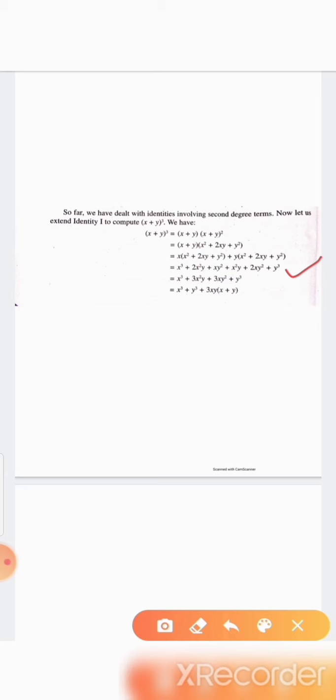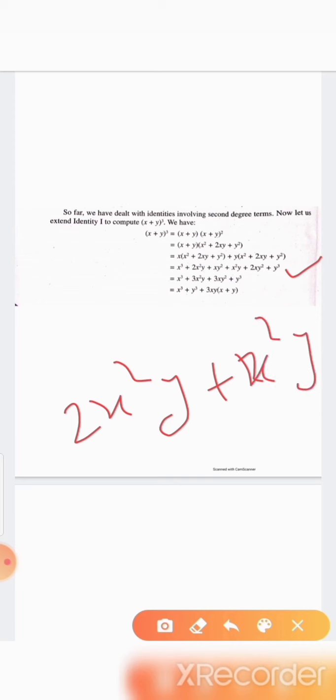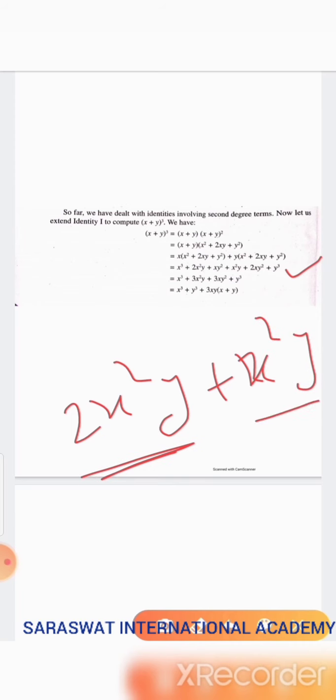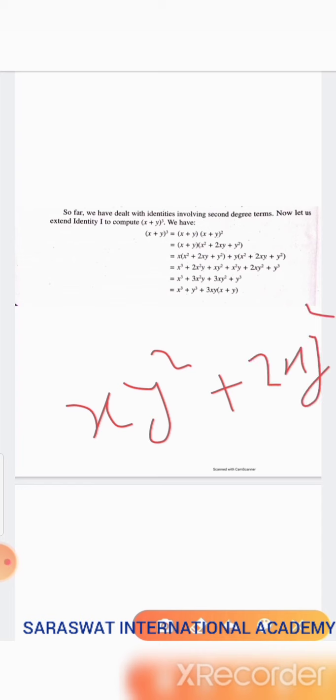Now we get 2x square y in the first, and in the last x square y, so it is two times and one time, so we write 3x square y. Similarly the other step, xy square one time, and in the last it is two times, so we write 3xy square.